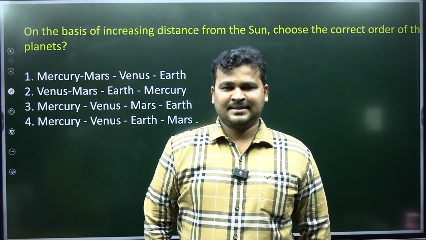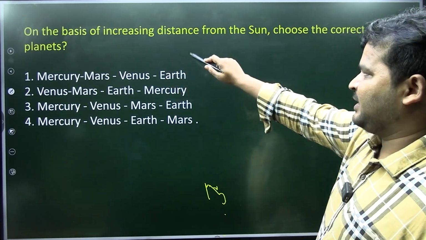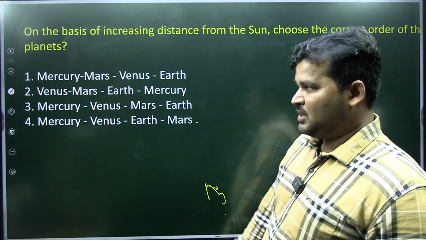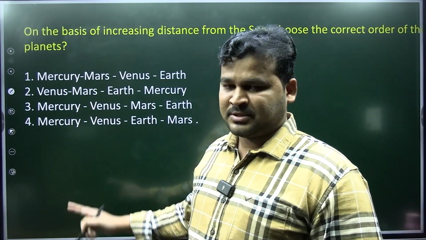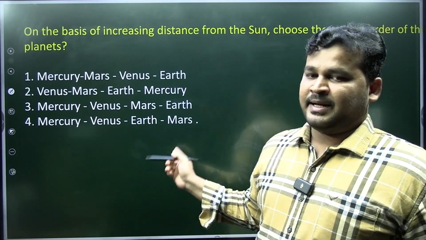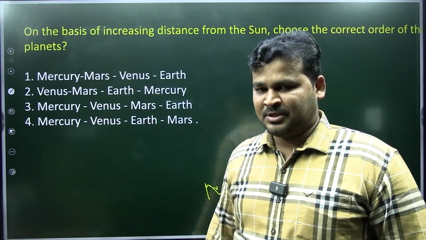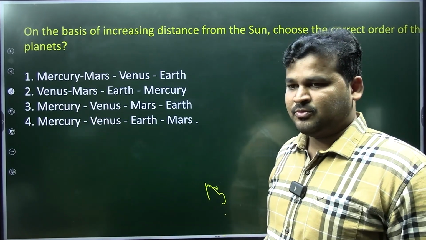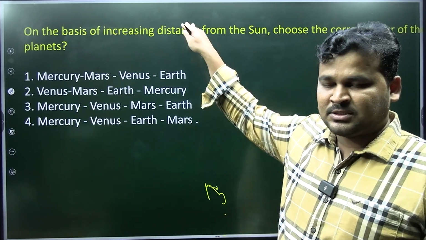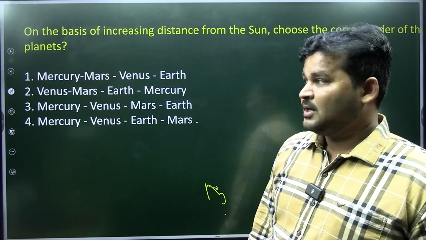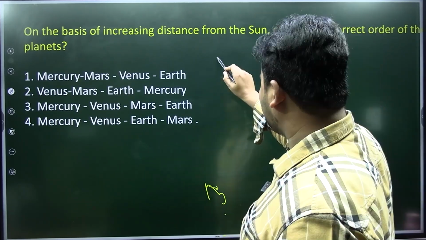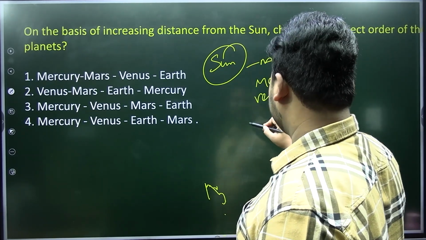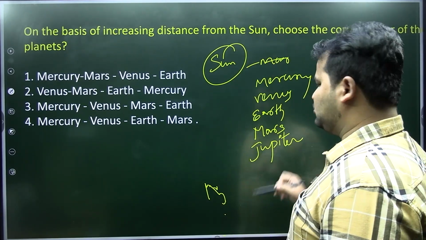Next question. Now we will discuss one more question. On the basis of increasing distance from the Sun, choose the correct order of the planets. So they have given the options. According to the correct sequence of the location of planets in the solar system, find the option which matches the exact order of planets. Coming to the explanation: Sun, first planet is Mercury, Venus, Earth, Mars, Jupiter.